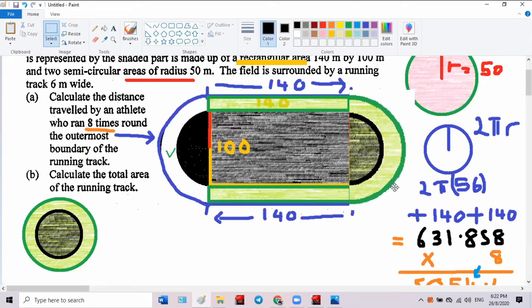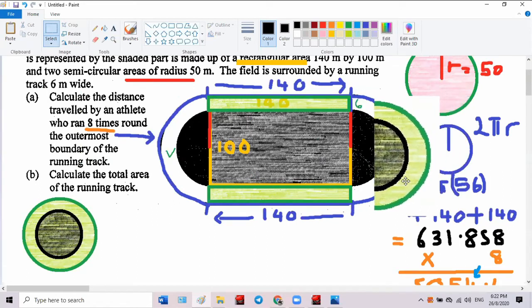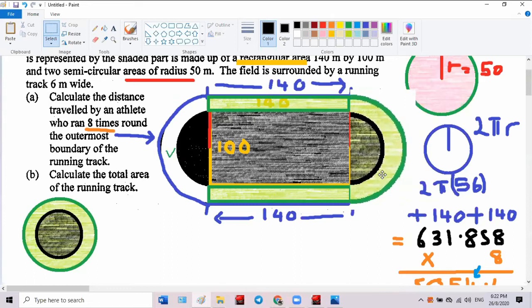Do you agree first? Later we'll do it together. But you need to find one big green circle, with the big radius, minus the black circle with the small radius. Agree or not?